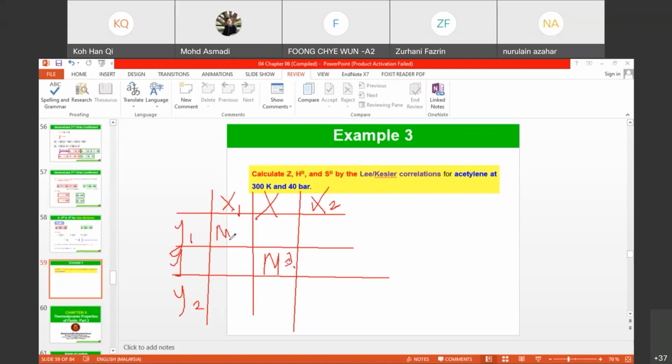This one m11, m12, m22, m21. Similar to the previous one, right? This is the one that you want to determine. Then you can use the equation.